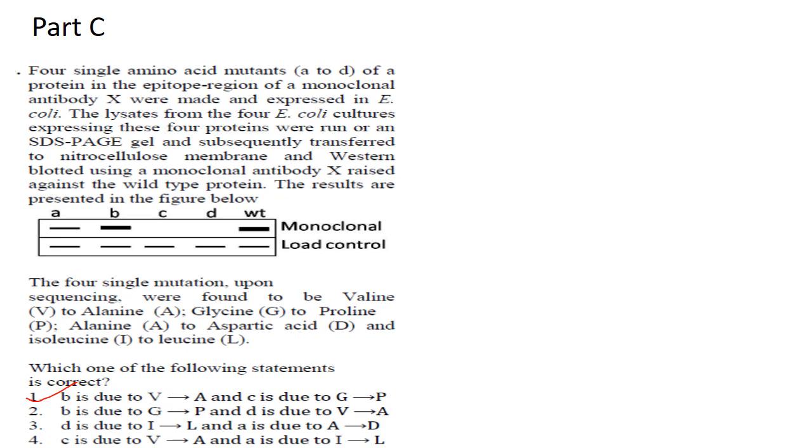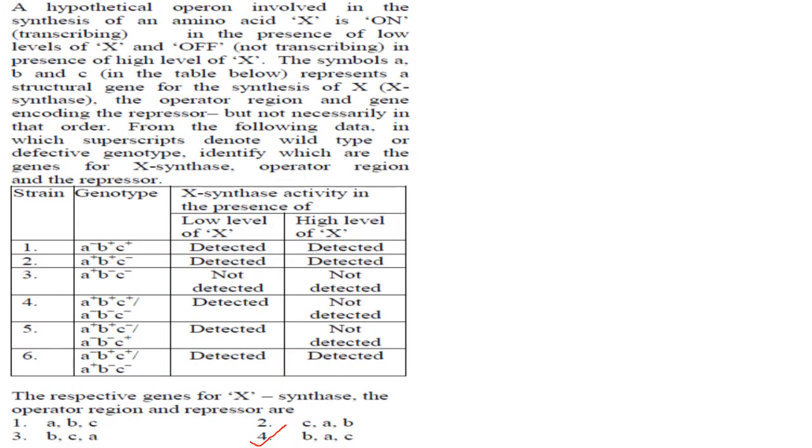C is due to V to A. V to A means you should have got a band, and A is due to I to L, isoleucine to leucine. But you got a band over A. That might be the correct answer. But V to A replacement is not correct, because if it was valine to alanine, then C should have given a band, but there's no band over there. So option 4 is also not correct.